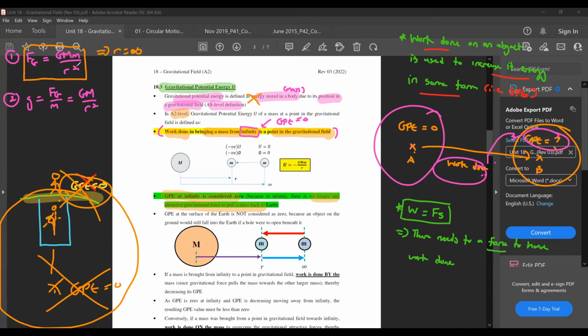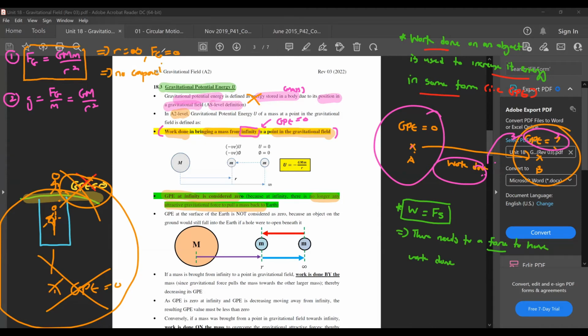If r is at infinity, this is basically you dividing by infinity. Your Fg would actually be 0, isn't it? So at infinity, you actually have no gravitational force. So when you have no gravitational force, it also means that you have no capacity to do work.